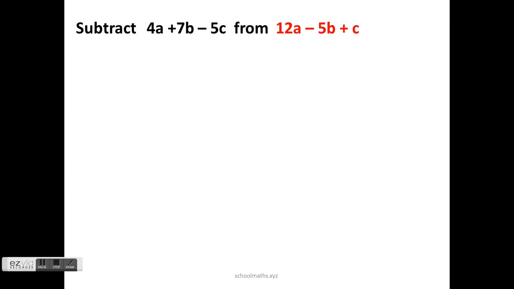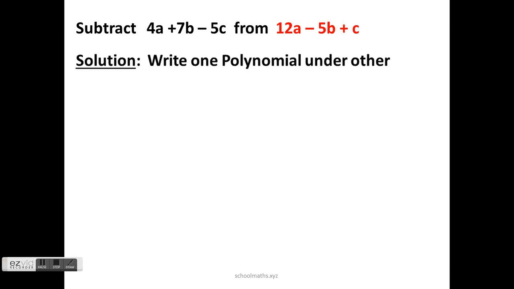Now one subtraction. Subtract 4a plus 7b minus 5c from 12a minus 5b plus c. See the second polynomial, it is written in red. Why? First it is going to come. The first polynomial is 12a minus 5b plus c.